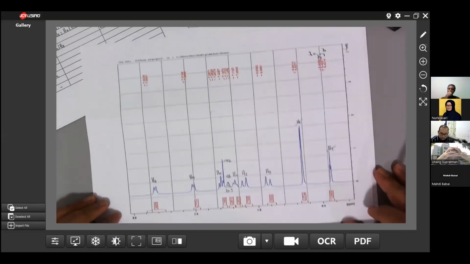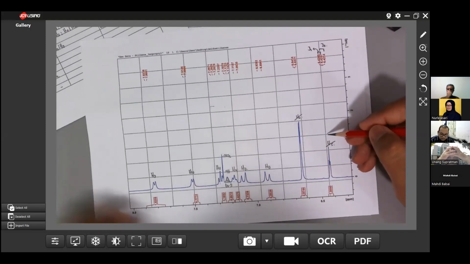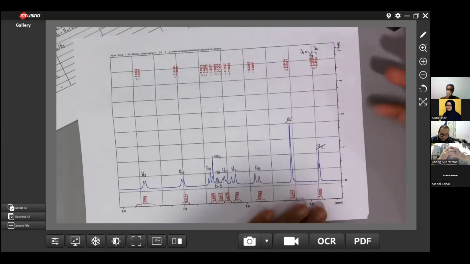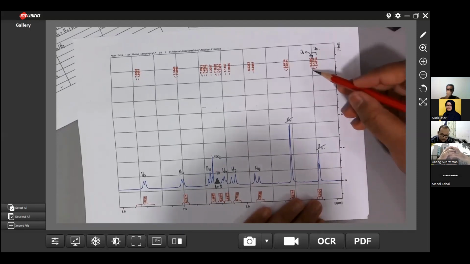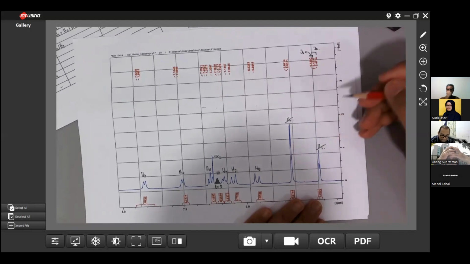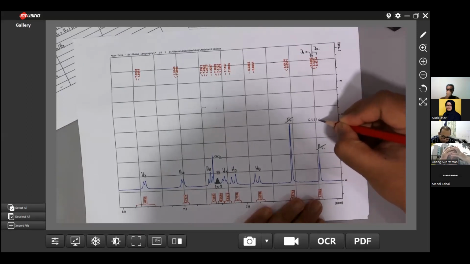Second one, this one is actually a doublet. It looks like a triplet, but actually it is doublets. The first one is 6.43 doublet.